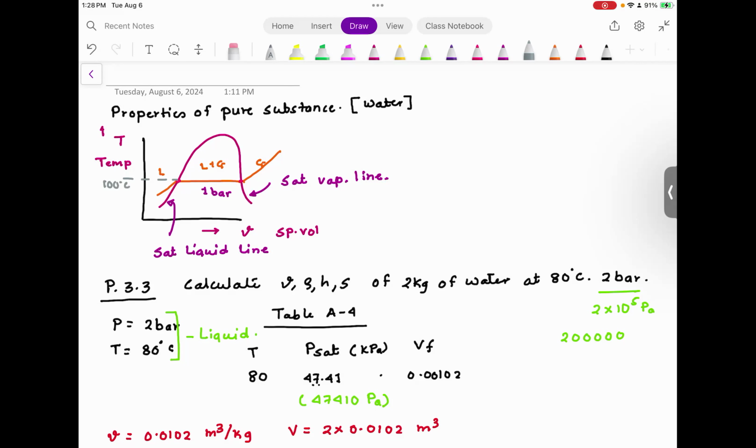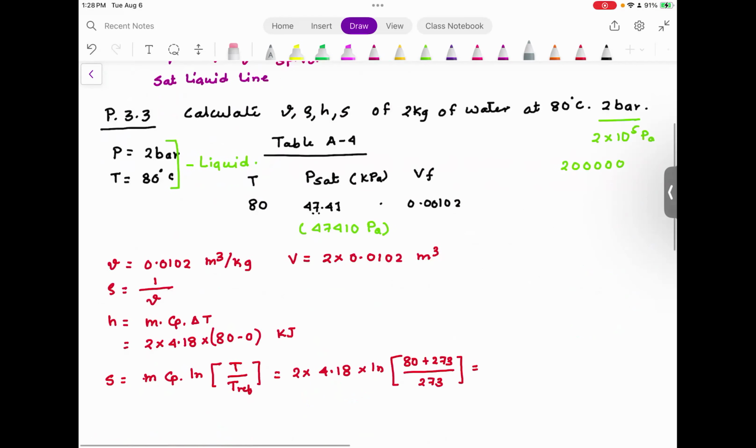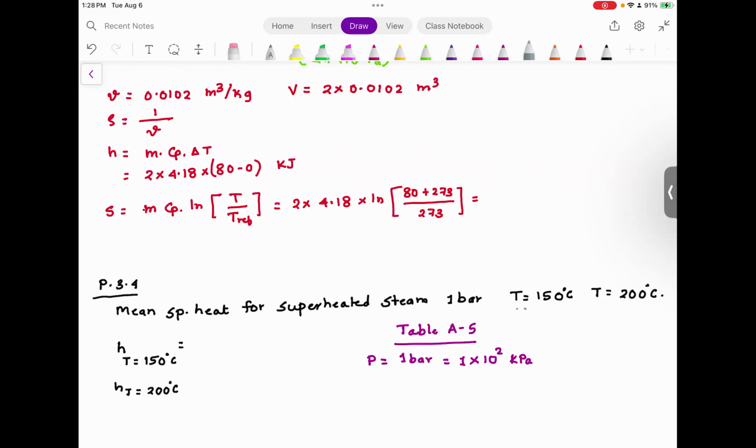Because at 1 bar, the water boils at 100 degrees C. The temperature is 150, which means all the water has boiled, got converted into steam, and now the steam is superheated. Everyone understood this? So the steam is superheated at 150 degrees, and the steam is also superheated at 200 degrees C. Do you agree with me?